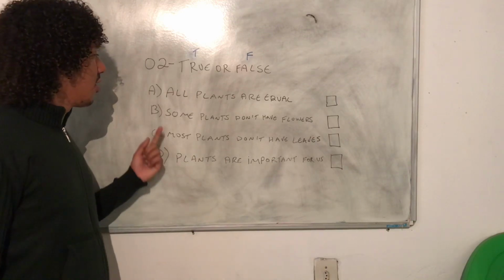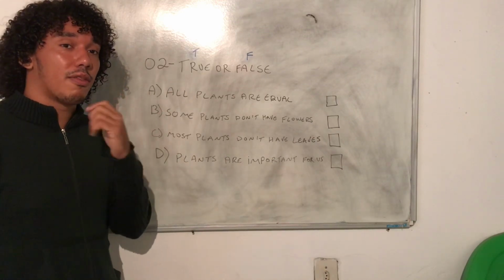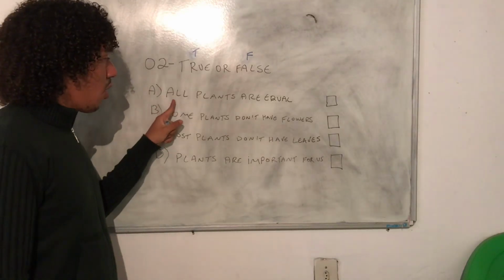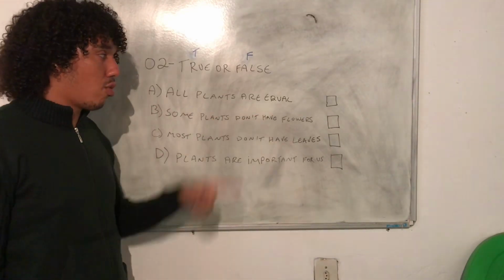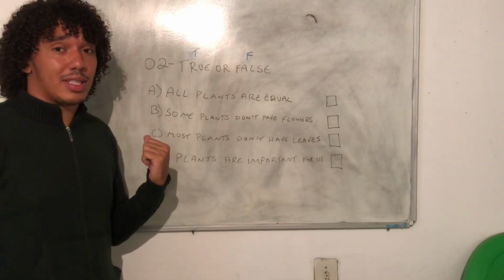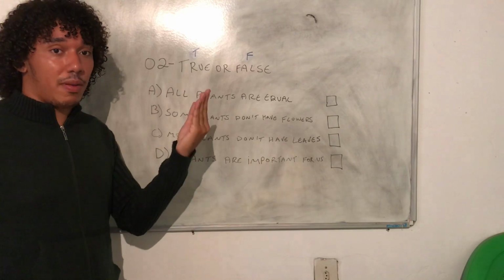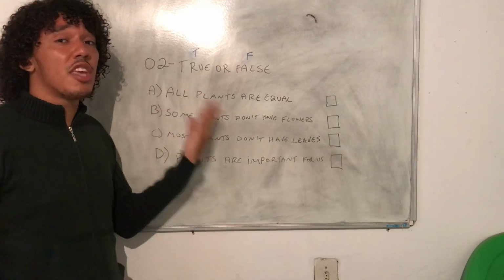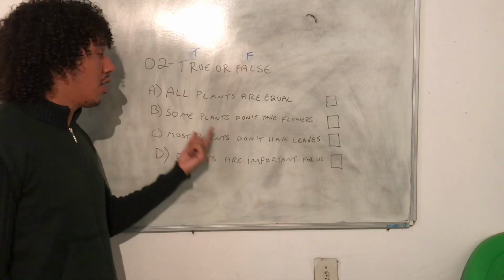So guys, the first information, letter A: all plants are equal. We just saw in the text above that plants have different characteristics.